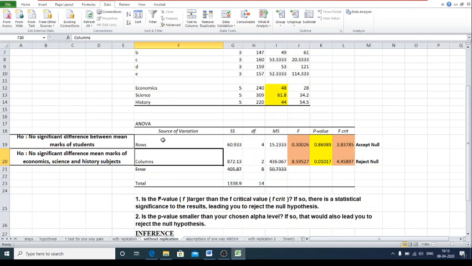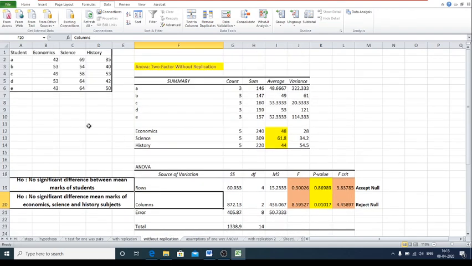Now what is row? Row is students. So the hypothesis for which row wise test is done is null being no significant difference between mean marks of students, and the null hypothesis column wise is no significant difference between mean marks of subjects, which is economics, science and history.